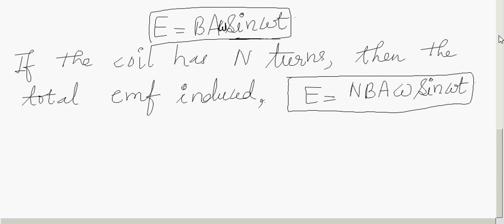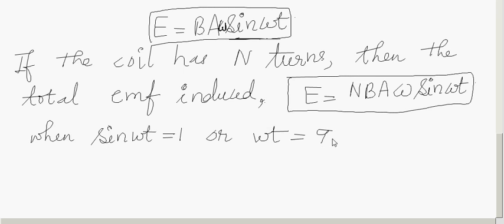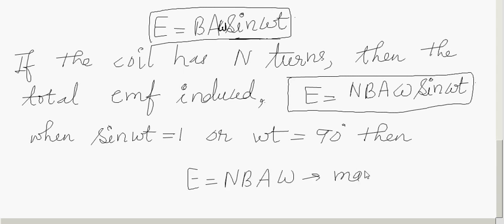Now if omega t is 90 degrees, or when sin omega t equals 1, then E is equal to NBA omega, and this is called the maximum EMF induced.